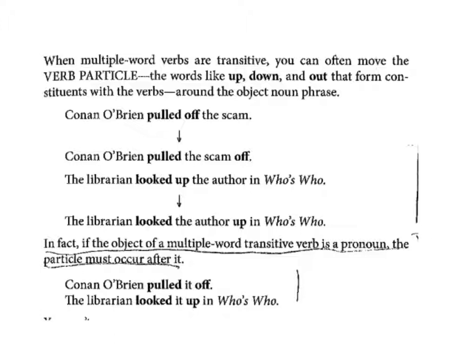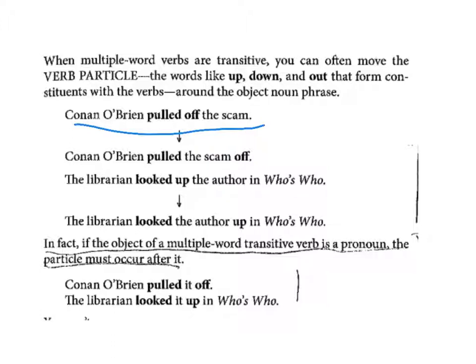But here are some things that might help with multi-word verbs. As is mentioned on page 45, as you see here, if a multi-word verb in a sentence is transitive, and if the direct object of that sentence is a pronoun, then the verb and the particle that goes with it need to be separated by that pronoun. So, say you have a sentence like, Conan O'Brien pulled off the scam, and you are having a hard time deciding if it's a multi-word verb or a verb plus a preposition, change the direct object to a pronoun.